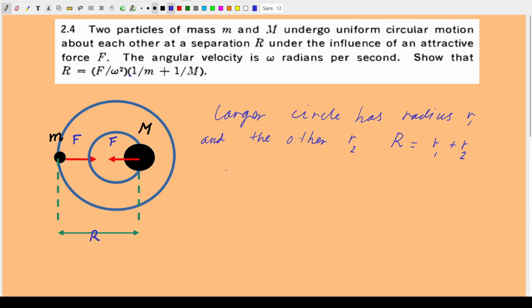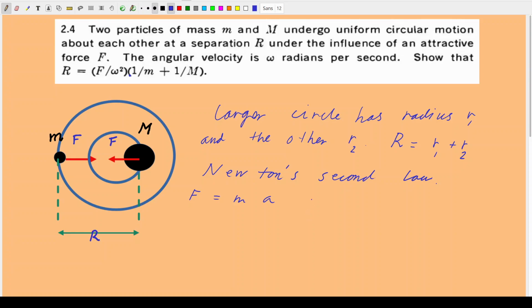And so how are we going to solve this problem? Let us use Newton's second law. We know that F equals ma.